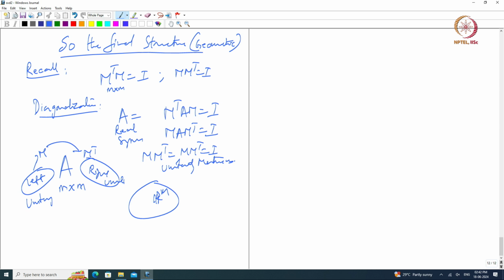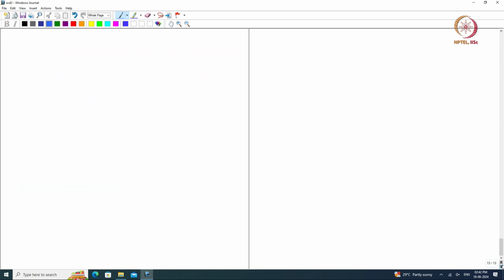For SVD, your problem was you have A which is m cross n with m not equal to n. So, I want a very similar decomposition of A where I have a diagonal form, let us say sigma 1 to sigma n, the rest of it is 0.